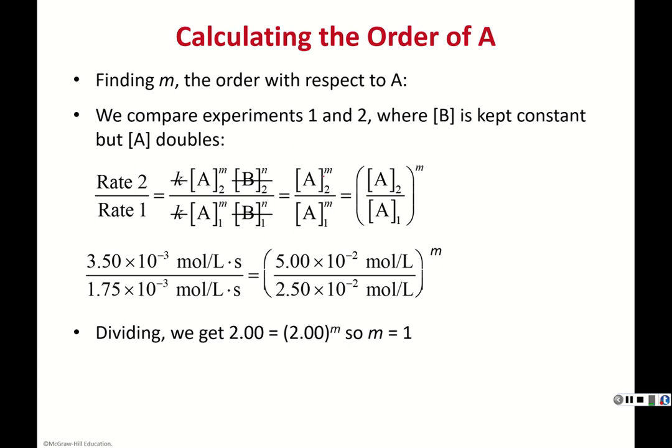What you're left with is concentration of A at experiment 2 over concentration of A at experiment 1. And you can determine that m value from that ratio. So you plug in the rates, right? The rates were 3.5 times 10 to the negative 3 over 1.7 times 10 to the negative 3. So that was 2 equals 5 times 10 to the minus 2 over 2.5 times 10 to the minus 2, that would equal 2 as well, right, to the m power. So m in this case has to be 1.